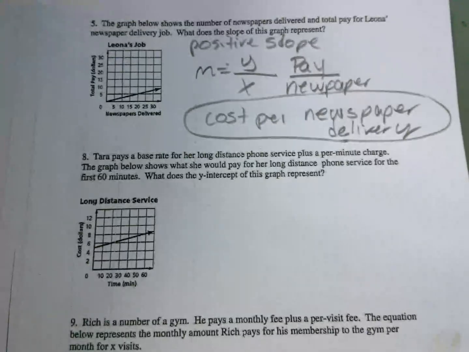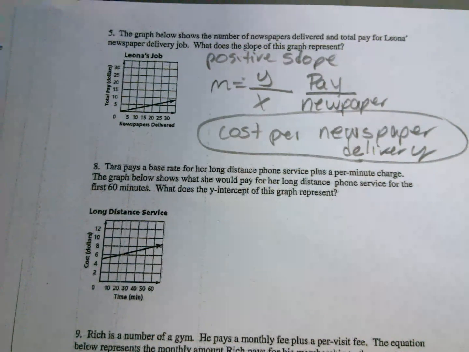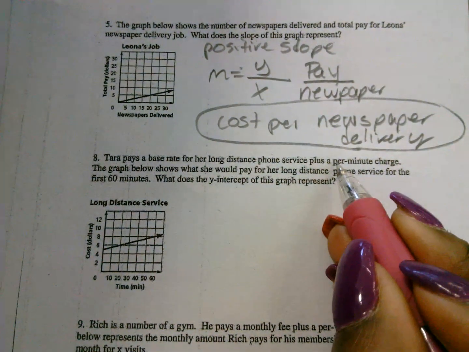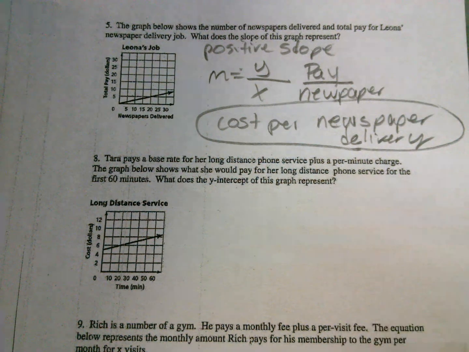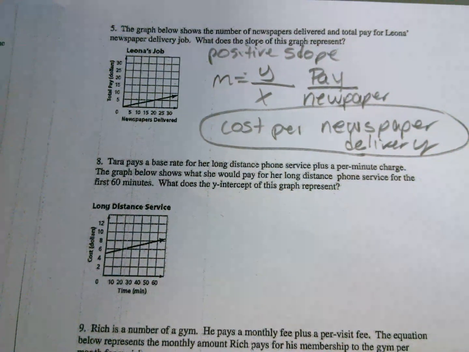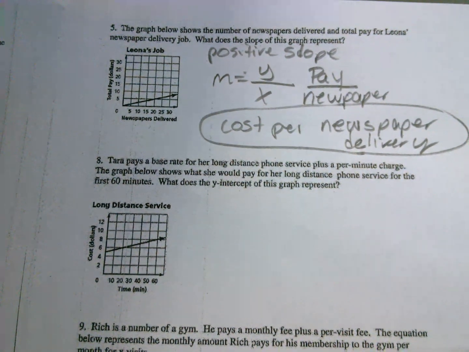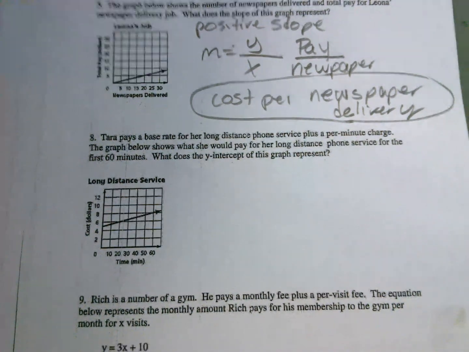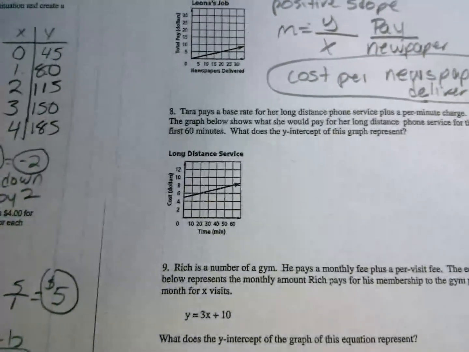Number 8. It says Sarah pays a base pay or base rate for the long distance phone call plus a per minute charge. The graph below shows the amount that she would pay for a long distance phone call for the first 60 minutes. What does the y-intercept represent?